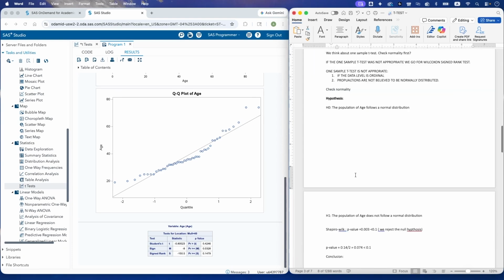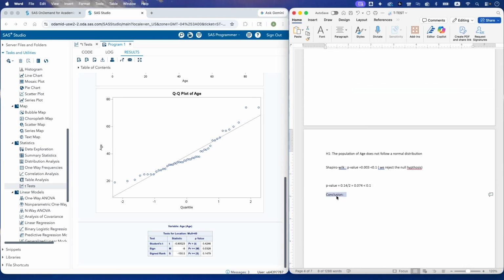But how do we write this in APA style? We write: a one sample signed rank test was conducted to determine whether the median of customers was less than 40. Someone's going to ask, okay, what about the mean?